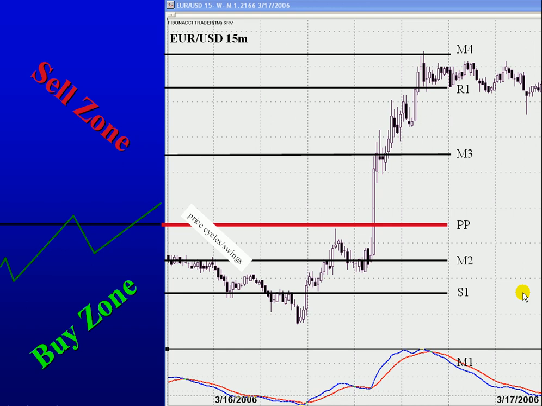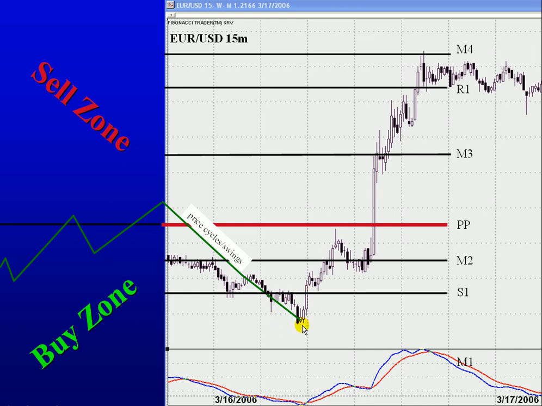Looking at this from a more visual perspective with a chart in front of us, if price enters the market in the buy zone, here we watch price as the session opens up. This is GMT, 4 a.m., 5, 6, 7, 8 a.m. Central European markets get busy and London gets busy.